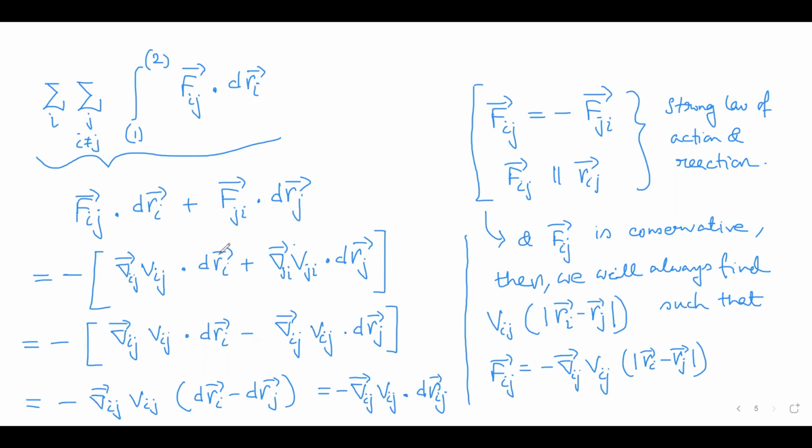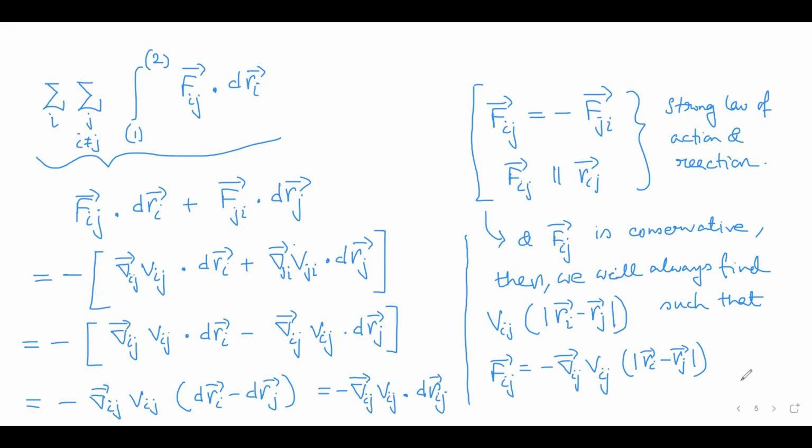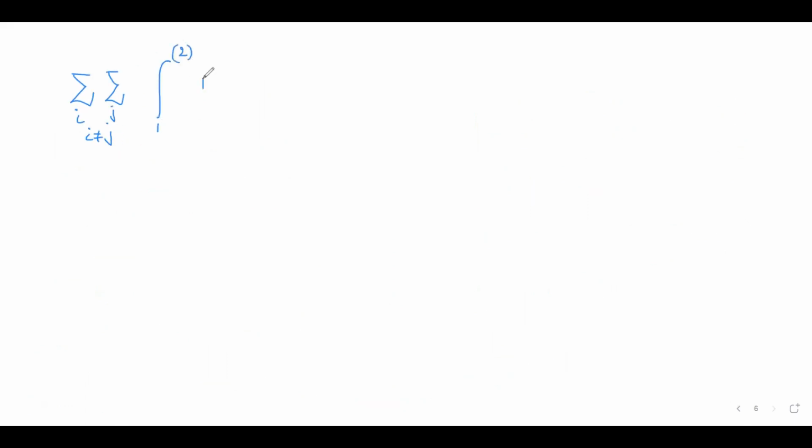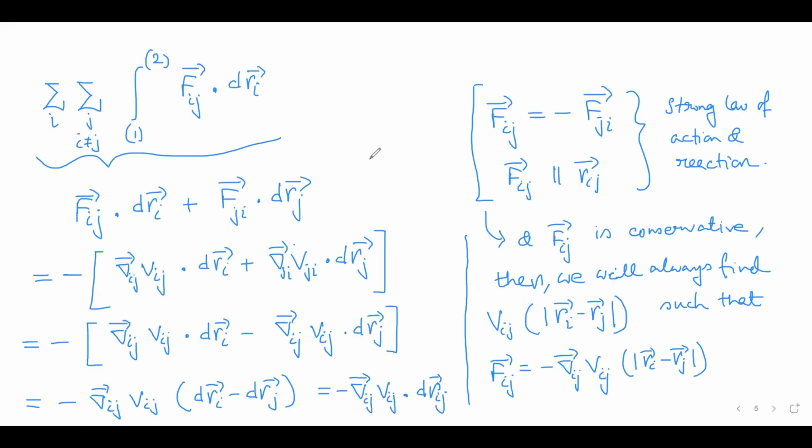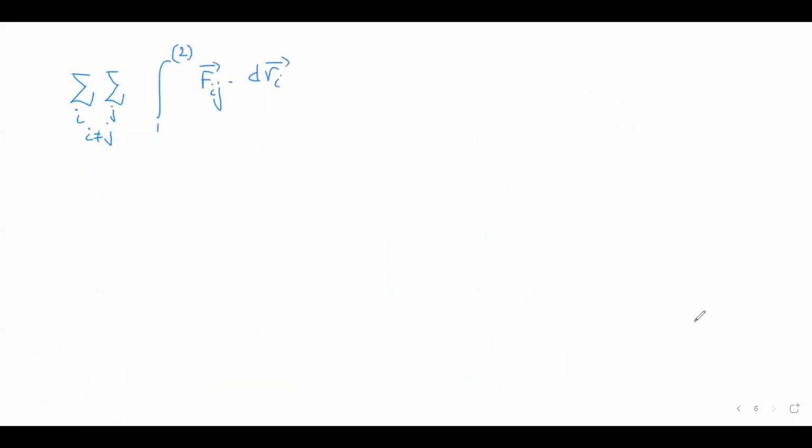This expression will be full of such summations. So the sum over i, sum over j, i not equal to j, integration from 1 to 2 of Fij dot dri equals the sum over i, j, i not equal to j, integration from point 1 to 2, where Fij dot dri is minus gradient_i Vij dot drij.